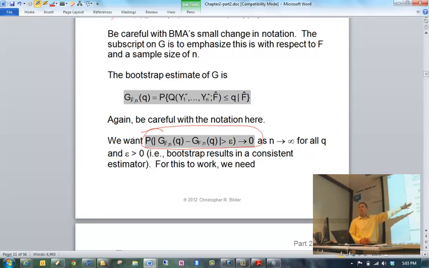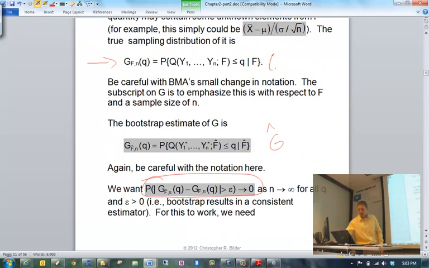That's what we want. In other words, we want what we have been calling G hat to be close to G, and this is how we can mathematically say closeness. We also put G, T, given F here, just to show you all the different little notations that our book uses.